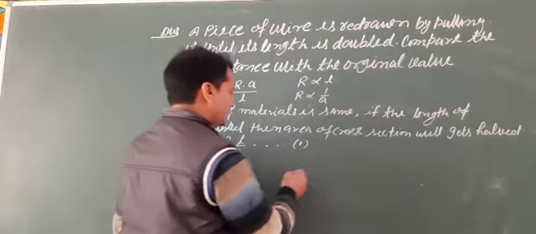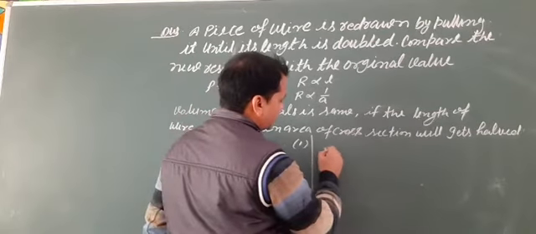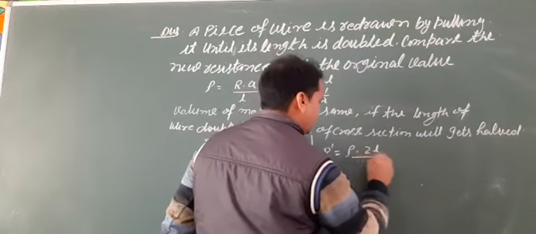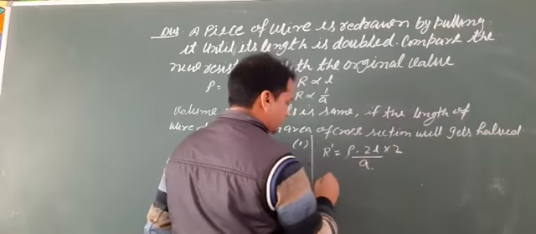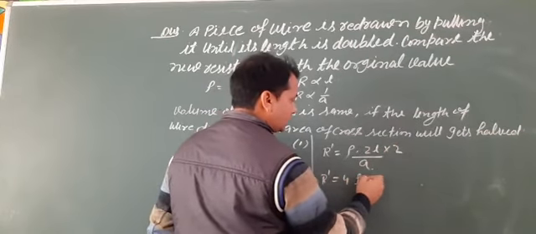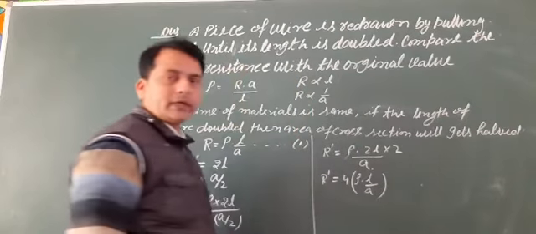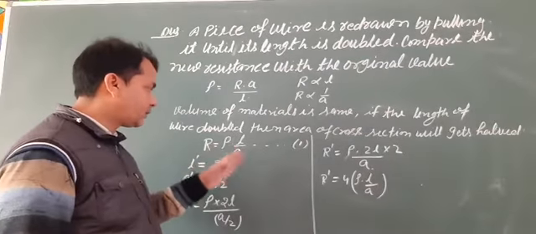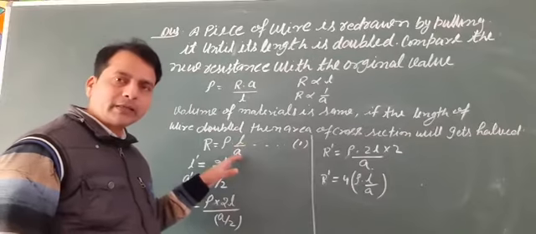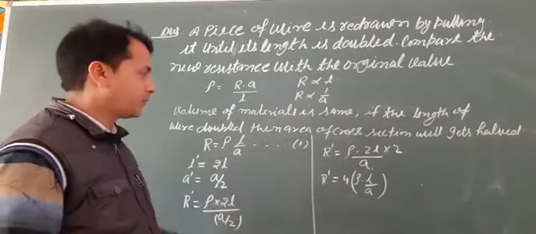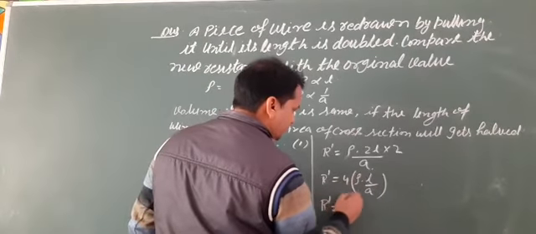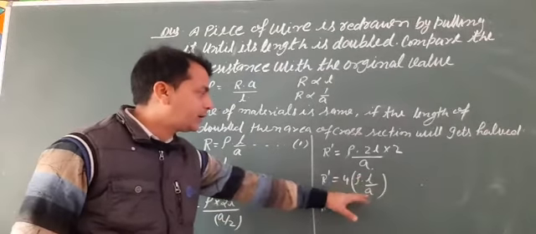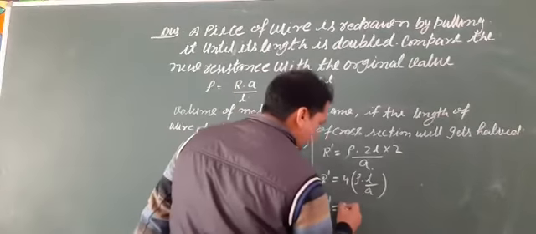So we can write R dash equal to ρ into 2L by A into 2, that is R dash equal to 2 into 2, that is 4, ρ into L by A. From the first equation, ρ into L by A is the original resistance R. So in place of ρ into L by A, we can write R, then R dash equals 4R.